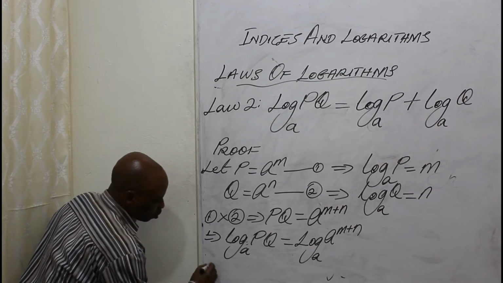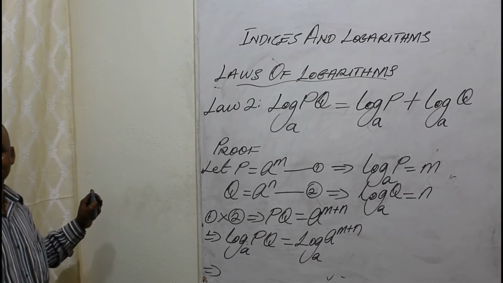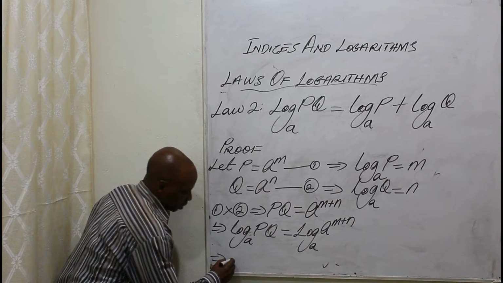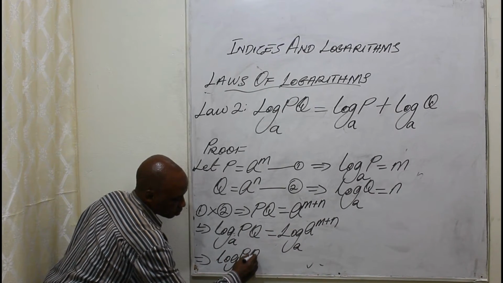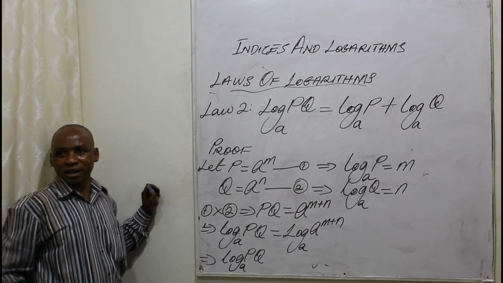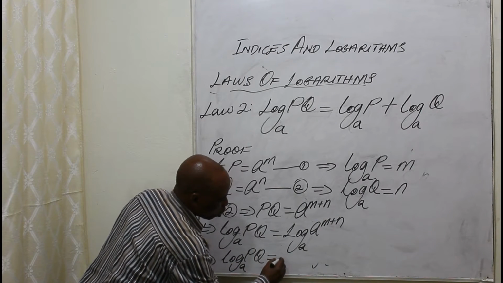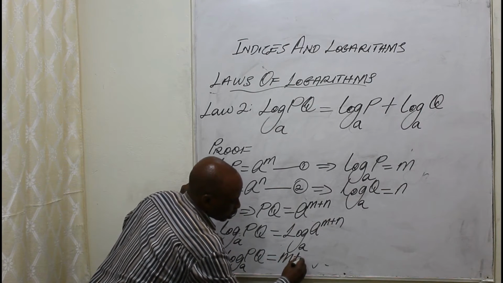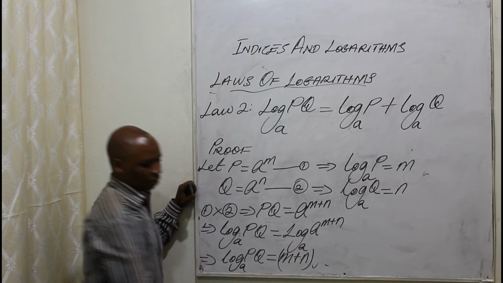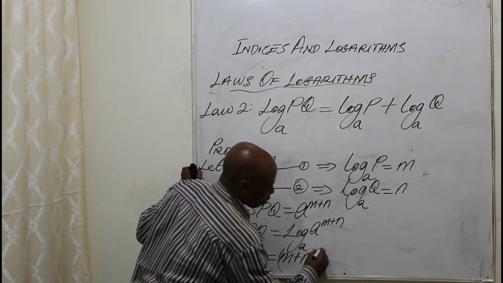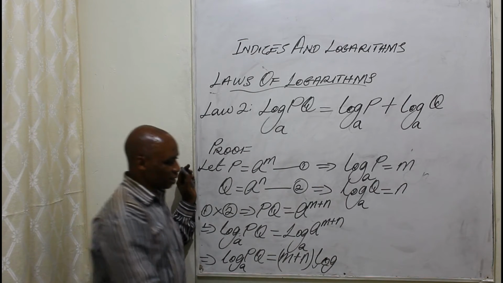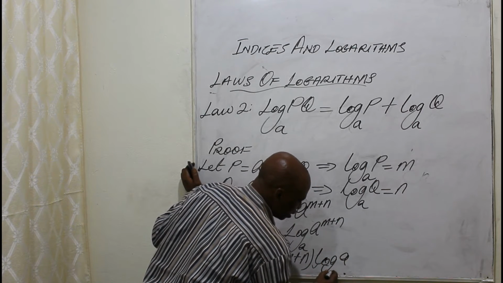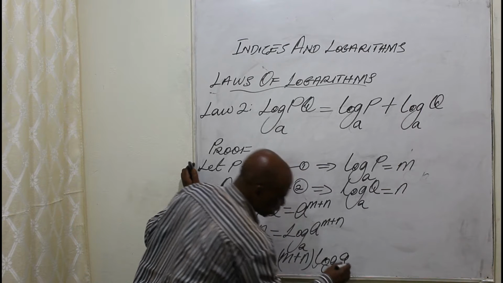Then from the first law of logarithms, this will give us log pq to base a being equal to m plus n, multiplying by log a base a.